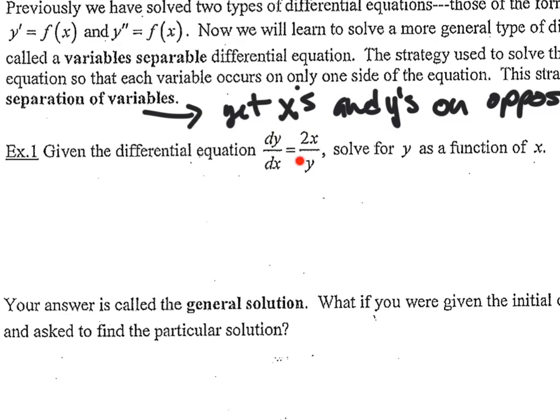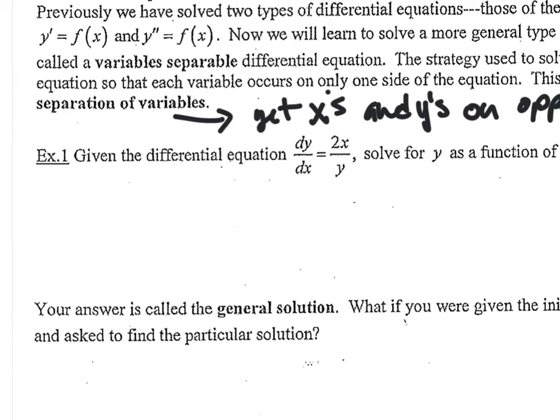This derivative is an equation because it has two different variables in it, okay? So what I'm going to do is rewrite it over here first: dy/dx is equal to 2x over y. Now, I'm going to get all my x's on one side and all the y's on the other.